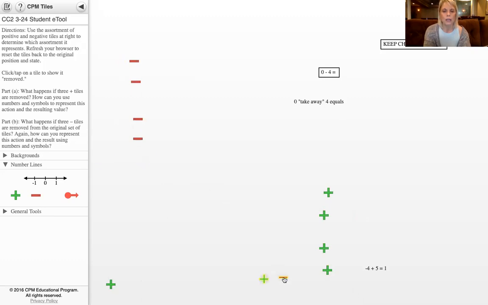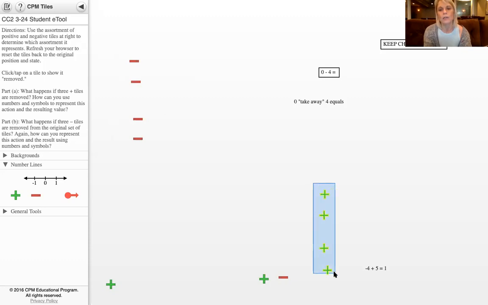And then you still get -4. So even if you add too many 0 pairs, it's okay because remember, to get your final answer, you got to get rid of all possible 0 pairs. So even if you make a mistake and add an extra set of 0 pairs, it just equals 0. So just take it away at the end. So adding more to this problem will just create extra 0 pairs.